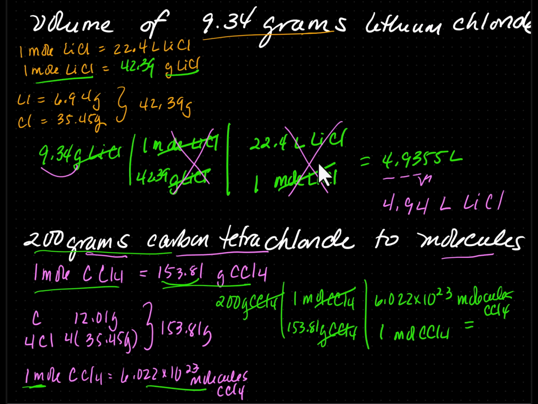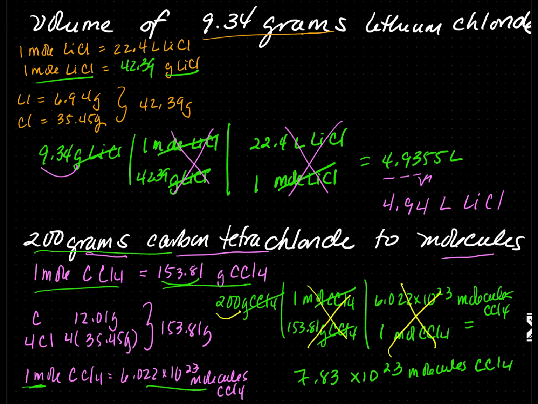That's going to equal 7.83 times 10 to the 23rd molecules of CCl4. We need to do sig figs. Conversion factors do not count. There's 1 sig fig because these zeros are trailing zeros. So I look 1 to the right, it goes up, so it's 8 times 10 to the 23rd molecules of CCl4.